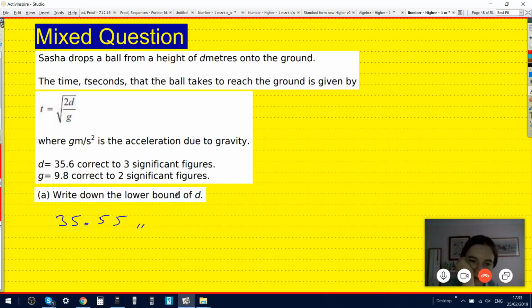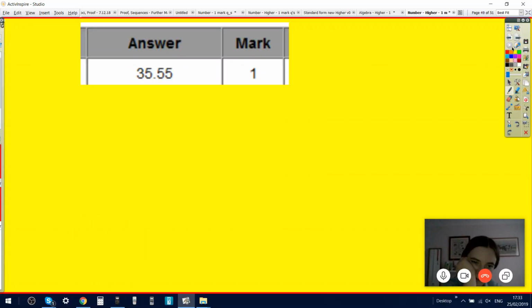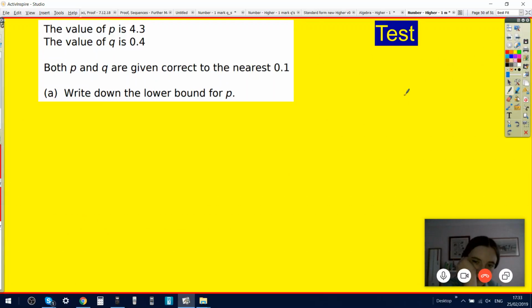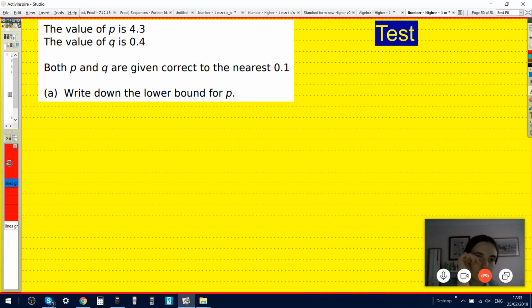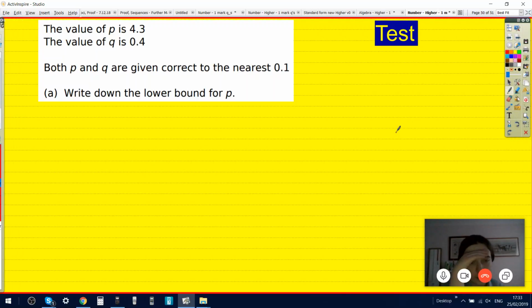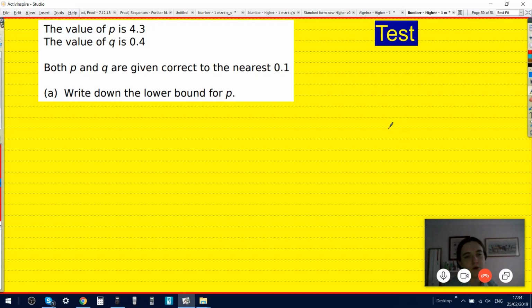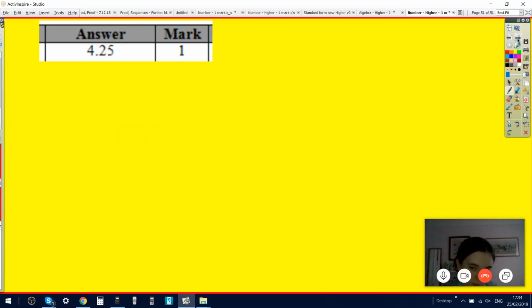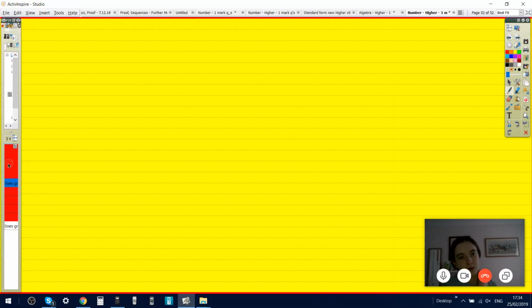So like I said, I just took out the 1 mark questions. So I'm sure there's a part B, but that's all that is. And this one. 4.25. Yes. Okay, so 1 mark number, x a half tick.